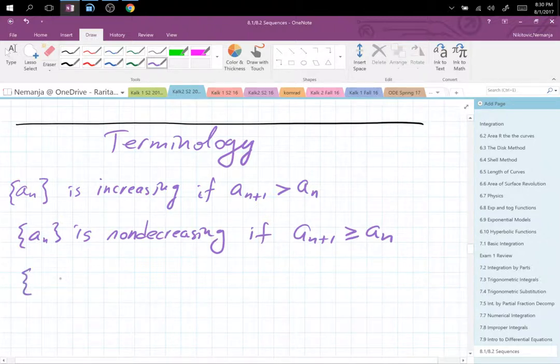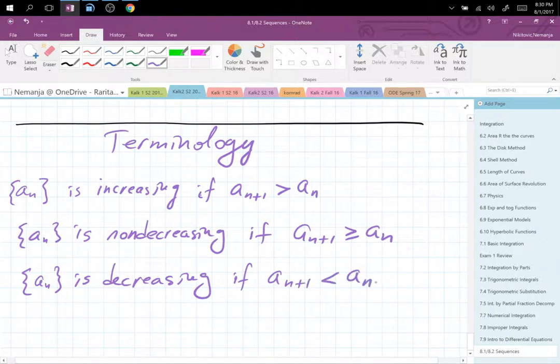Then we have a_n is decreasing if a_(n+1) is strictly less than a_n, so the new term is smaller than the previous term. And we have non-increasing now.